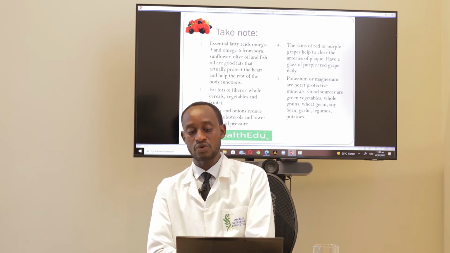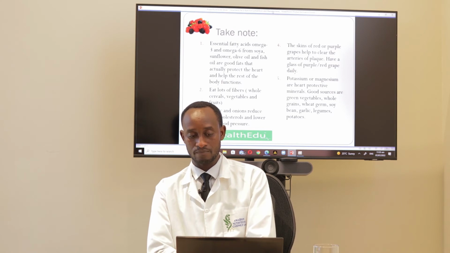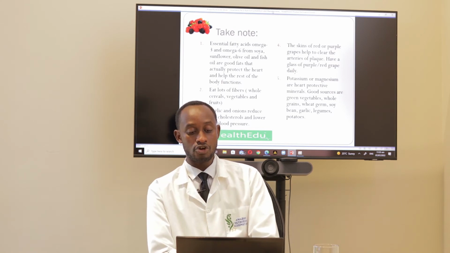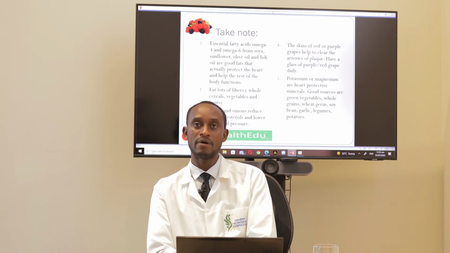People should eat lots of fibers, which are majorly found in whole grains, whole cereals, vegetables and fruits. Garlic and onions reduce bad cholesterol and lower blood pressure.